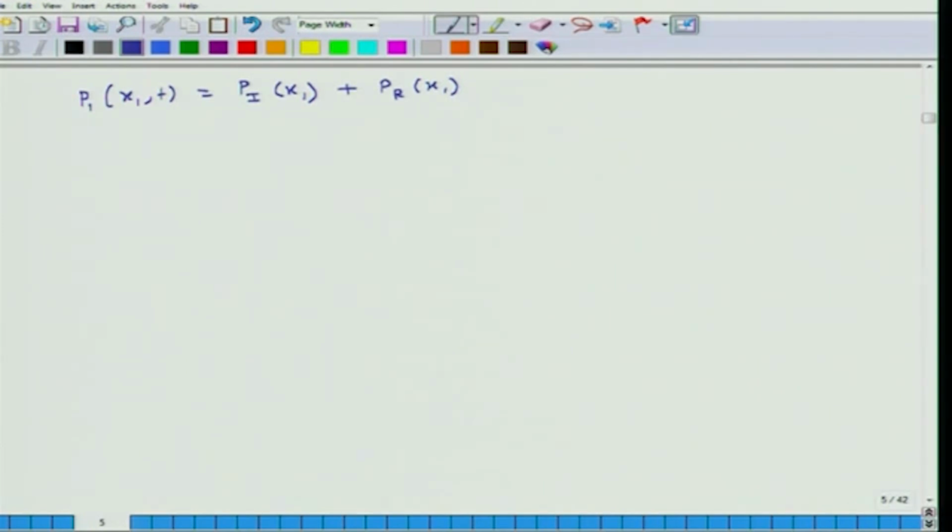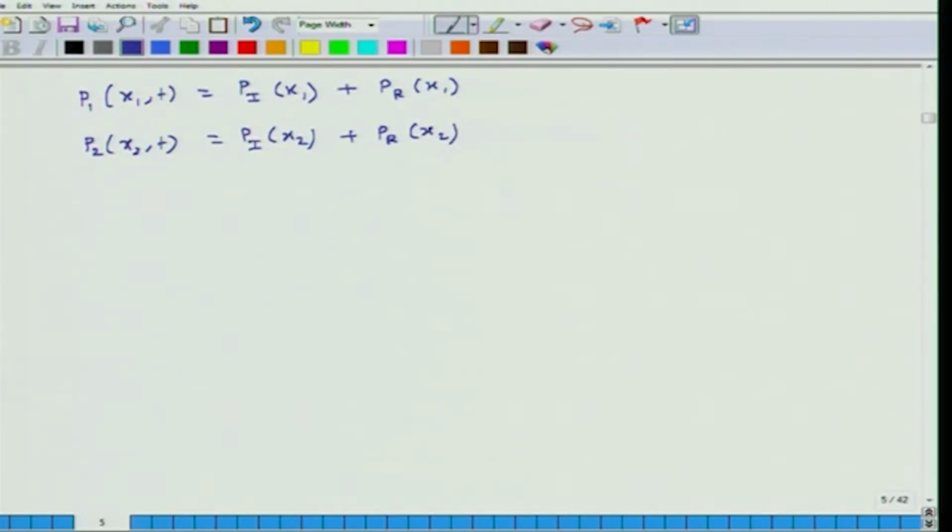Pi is dependent on x and time, so we can do this. Similarly, P2, which is being evaluated at location 2, is equal to Pi at x2 plus Pr at x2.